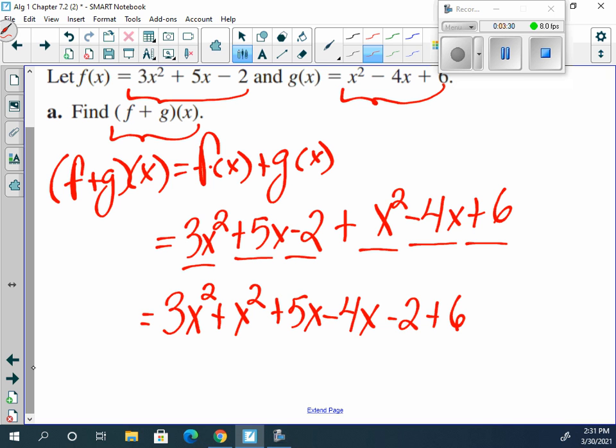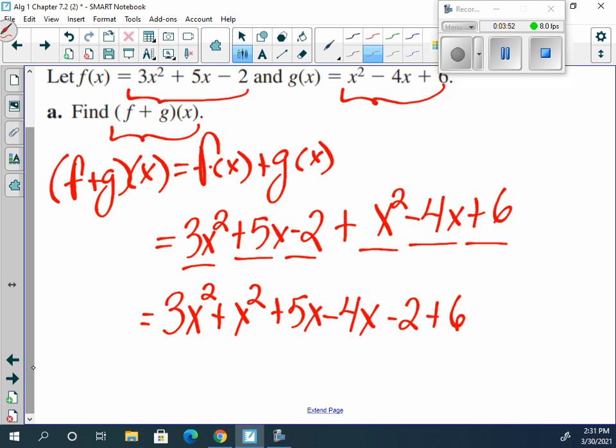The 3x squared. Can you do that all over again, like the bottom part? Here. Go for it. The 3x squared and the x squared are the exact same, because they both have x squared. You know what I mean?